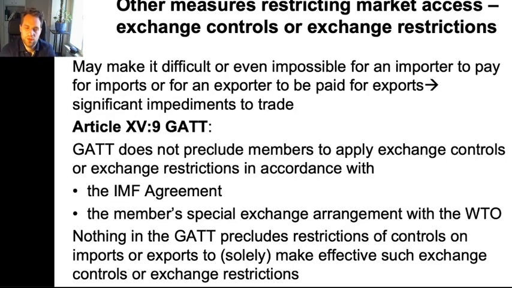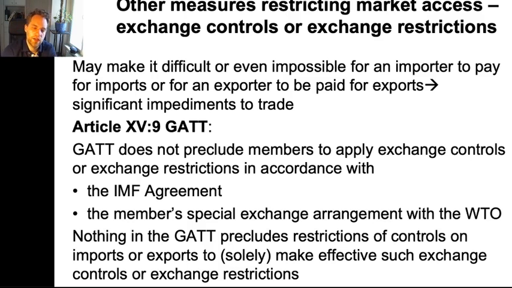And now, last but not least, what about exchange controls or exchange restrictions? We've talked a lot about that when it came to currency manipulation. Such rules can make it difficult or even outright impossible for an importer to pay for imports or for an exporter to be paid for exports. So at the end of the day, they may effectively constitute significant impediments to trade.